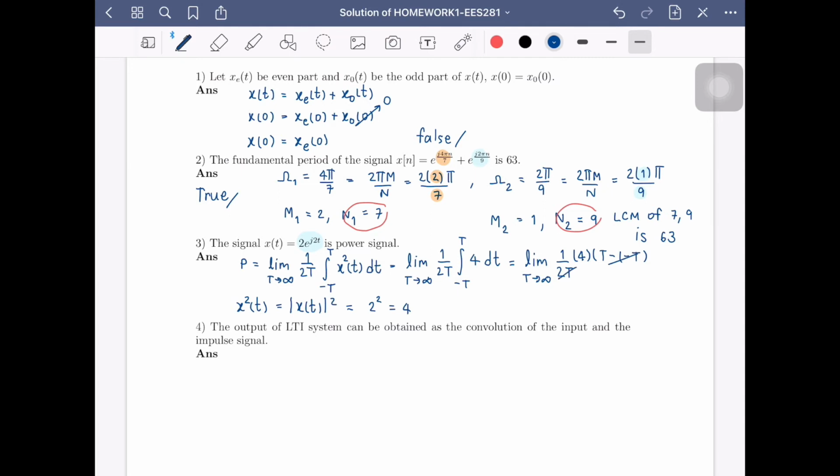Then we get P equal to 4. Then we know that when P is more than 0 and less than infinity, this is a power signal, so this one is true.